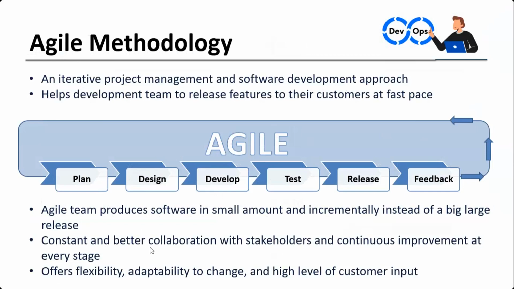And for collaboration, agile promotes constant and better collaboration with stakeholders, ensuring continuous involvement as well as input. Agile also offers flexibility and adaptability to change, whereby each team member can respond quickly to evolving requirements as well as customer needs.